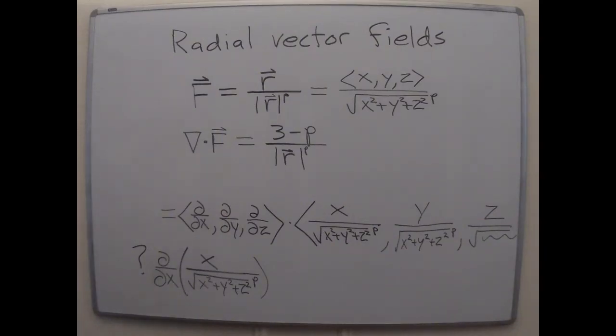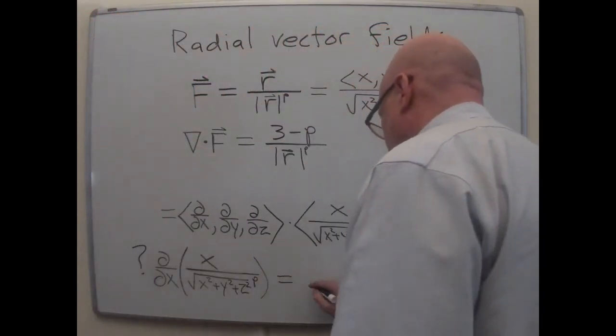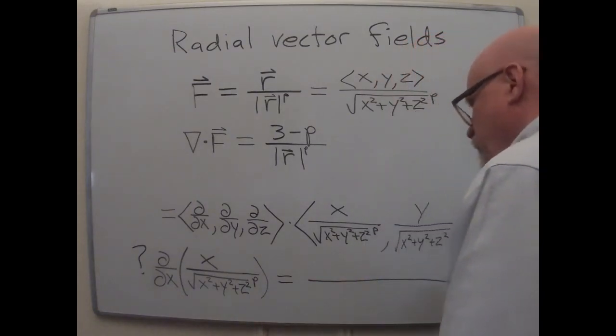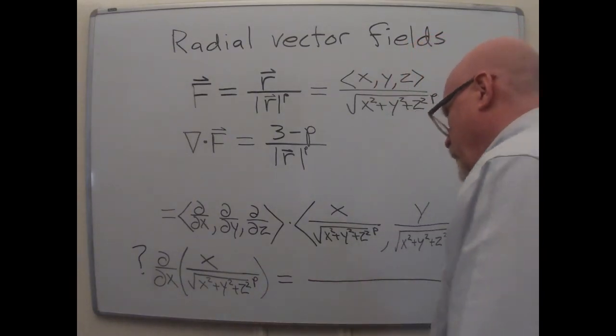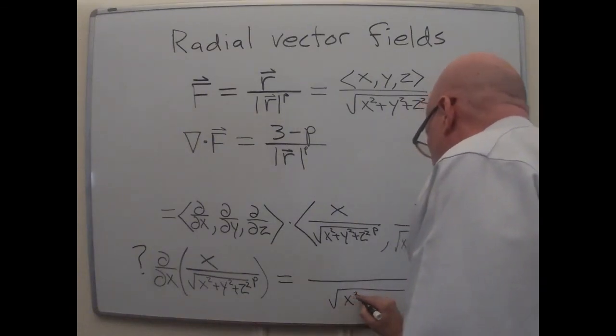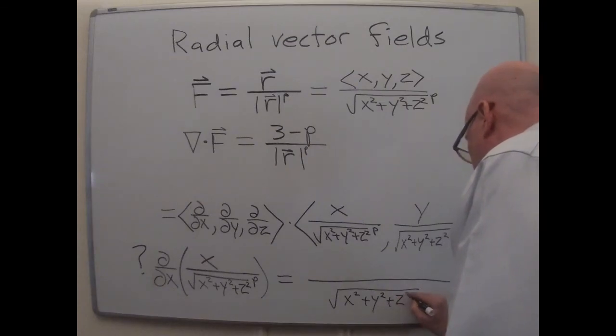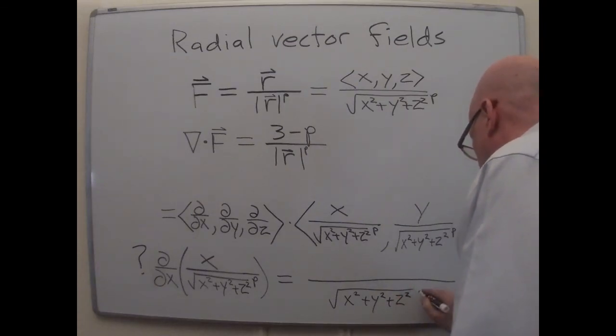Right, so this is where it gets ugly. You have to use the quotient rule here, and it becomes, let's see, everything is over the bottom function squared, so that would be radical of x squared plus y squared plus z squared to the p squared, or in other words, you write to the 2p.